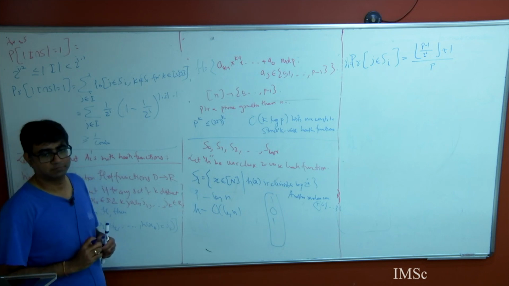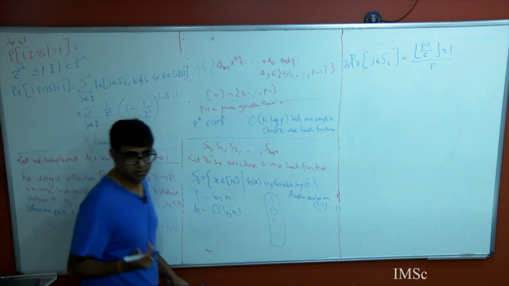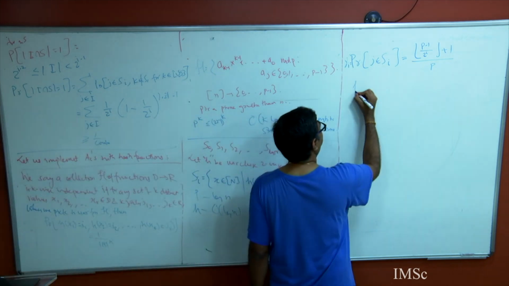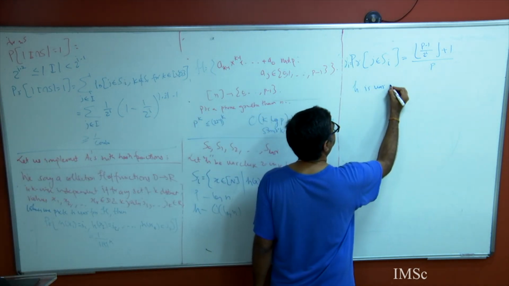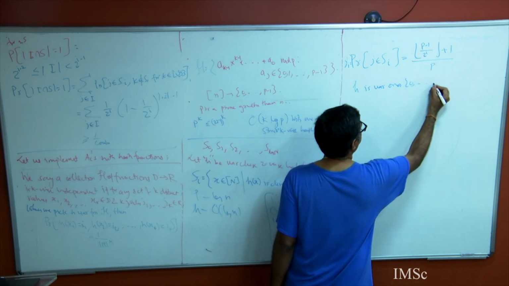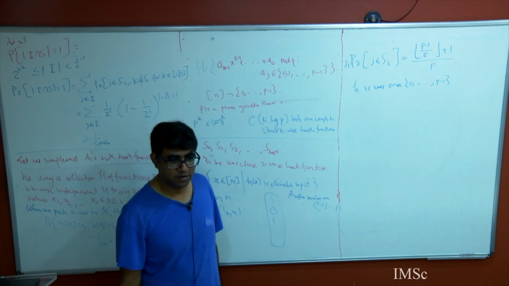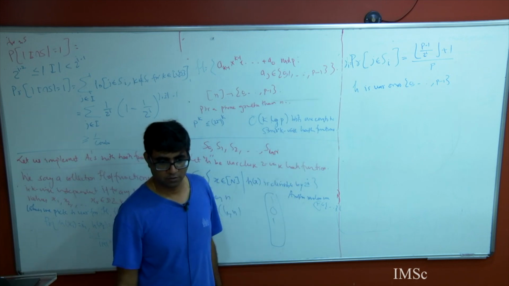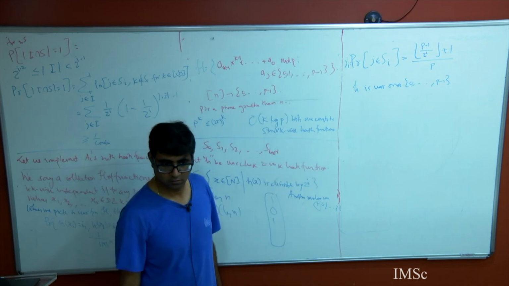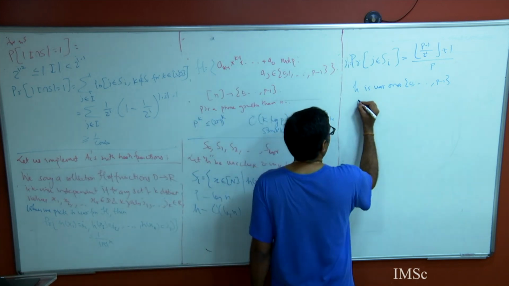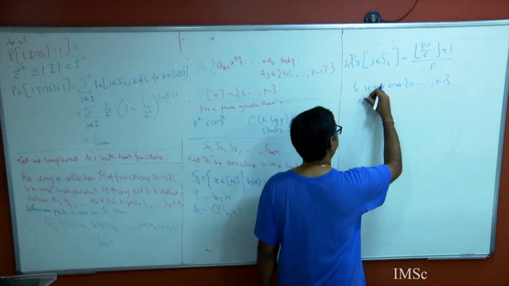Now you can ask why. As Venkatesh says, h is uniformly at random over 0 to p minus 1. Do you see this? If h is 2-wise independent, do you see this is true? No? Let's fix x1.